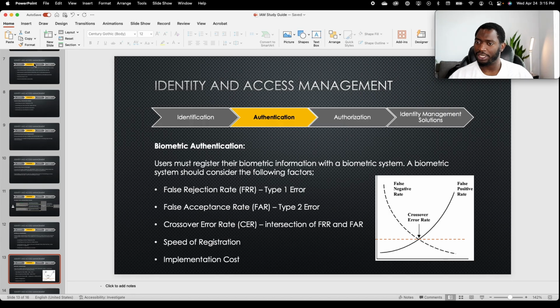As mentioned earlier, you also want to consider the speed of registration as well as the implementation cost of this biometric information.